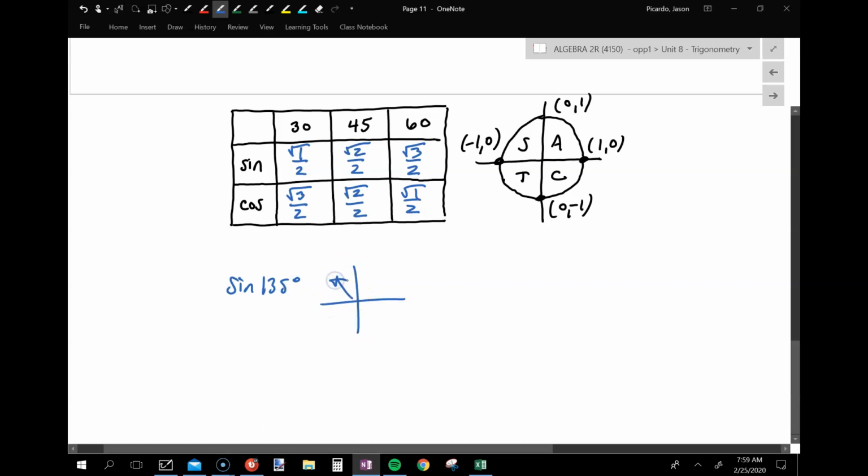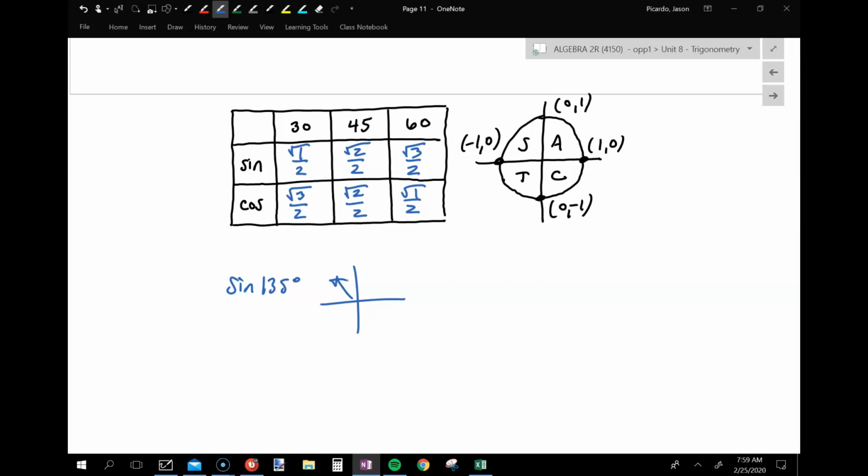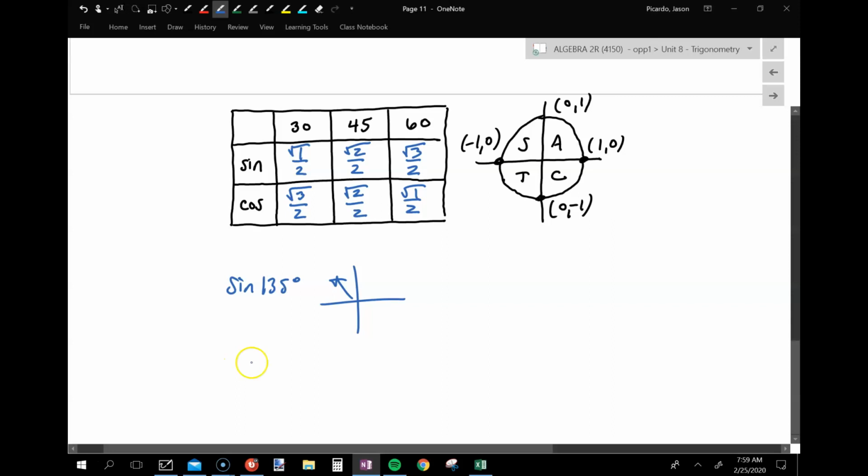Everybody agrees that that puts me in that quadrant. Yes? The very first thing we did in this unit was reference angles, right? Was it easy to do reference angles? What's the reference angle of 135? 45. So I know the reference angle is 45.